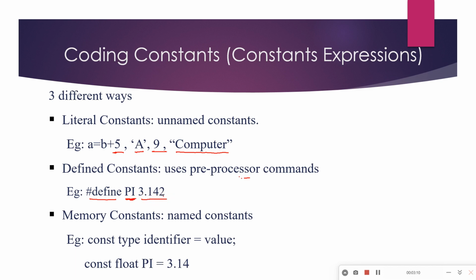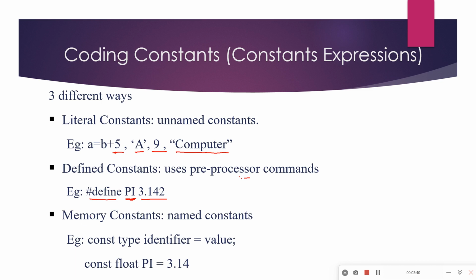So this is the meaning of a defined constant. We have defined the named one, pi, with the value 3.142. If you define pi with some other value, then throughout the program wherever it finds pi, it is going to be replaced by that particular value. So this is what we call a defined constant or symbolic constant.